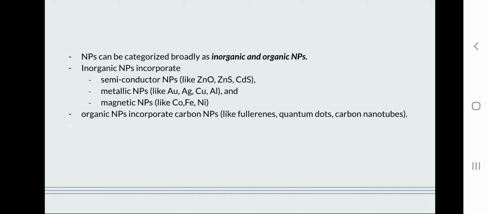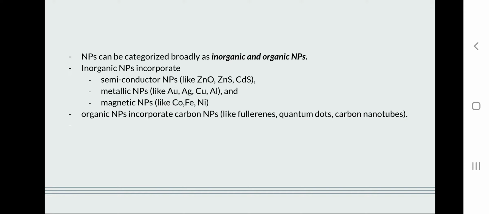In inorganic nanoparticles, there are semiconductor nanoparticles like ZnO, ZnS, and CdS. Then under inorganic nanoparticles, the second subdivision is metallic nanoparticles like Au, Ag, Al (aluminium), and copper.